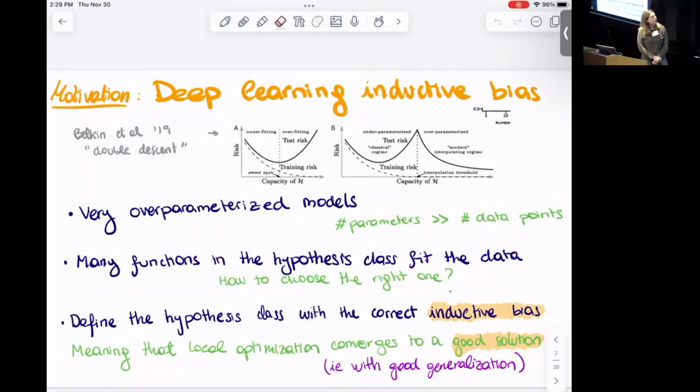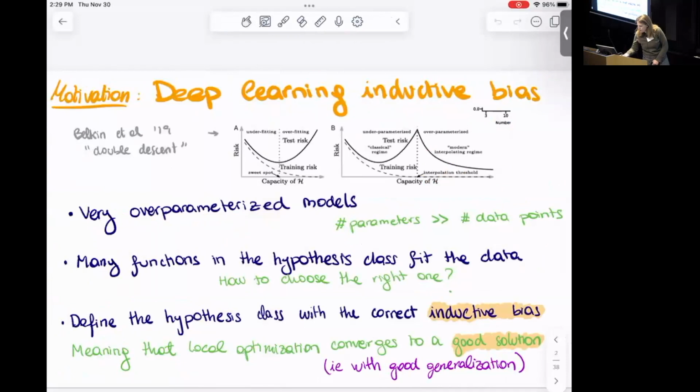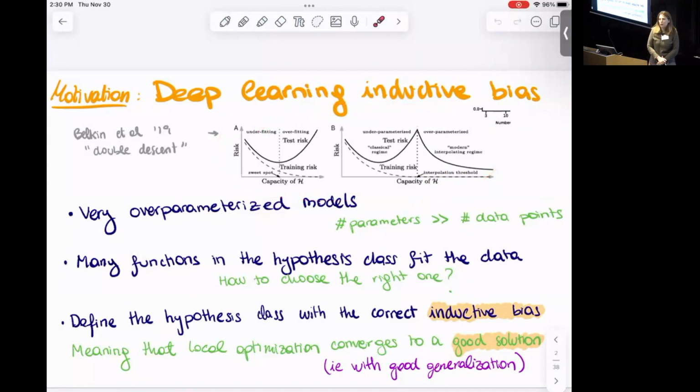So maybe some of you have seen this double descent plot before. This is from a very influential paper in machine learning theory in 2019.